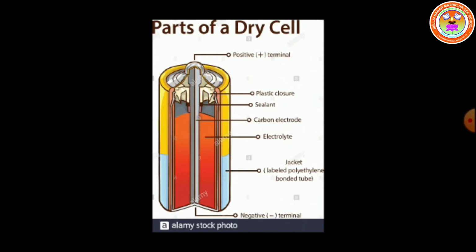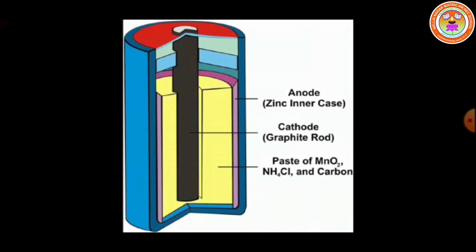It was developed in 1887 by Sakio of Japan. Dry cells are normally used in small devices such as a remote control for TV, torch, camera and toys.